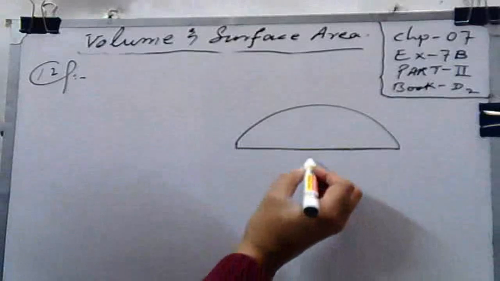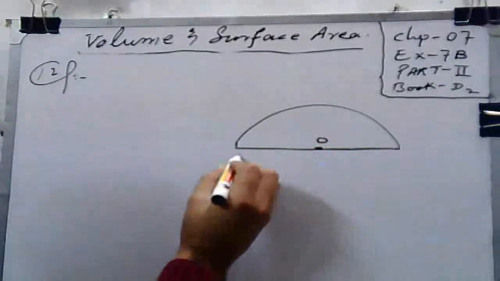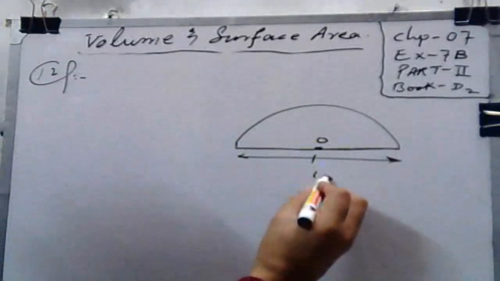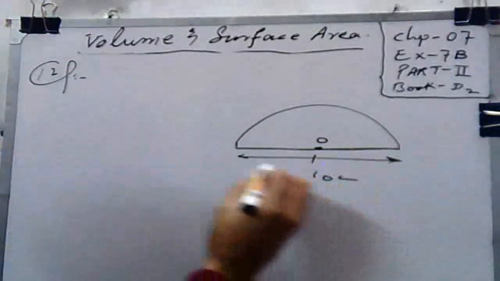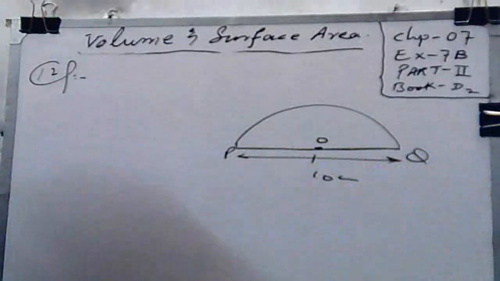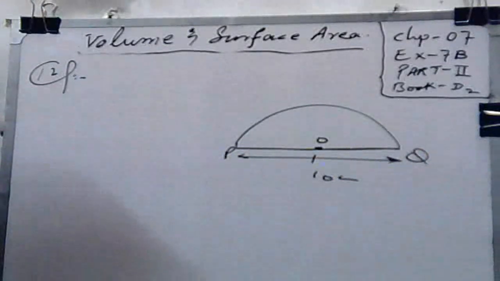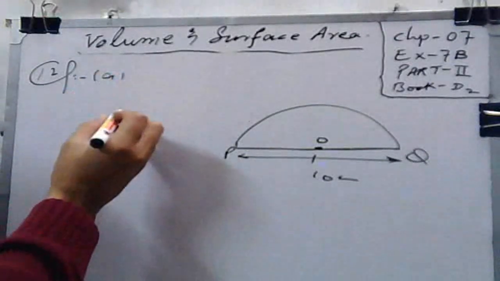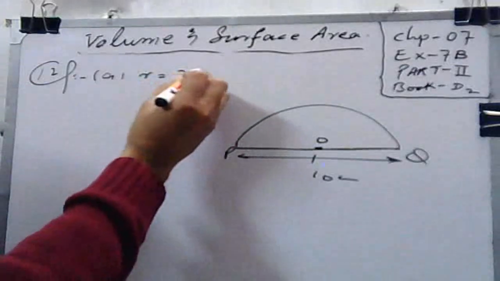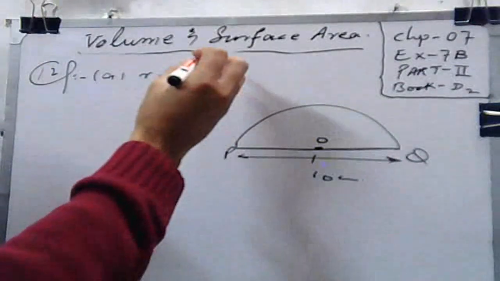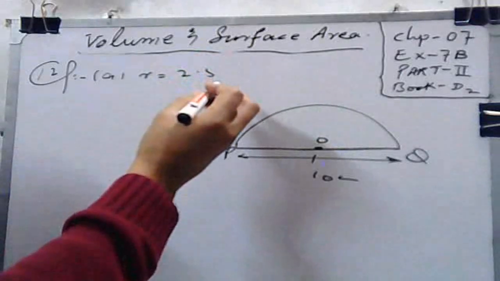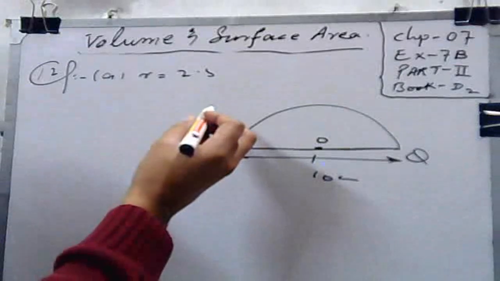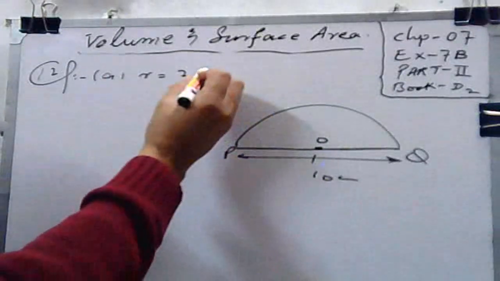So that is your central point O. The length up to here is 10 centimeter. That is your PQ. So it is clear from the picture in part A, that R is equal to 2.5 centimeter. That is the radius of the base.